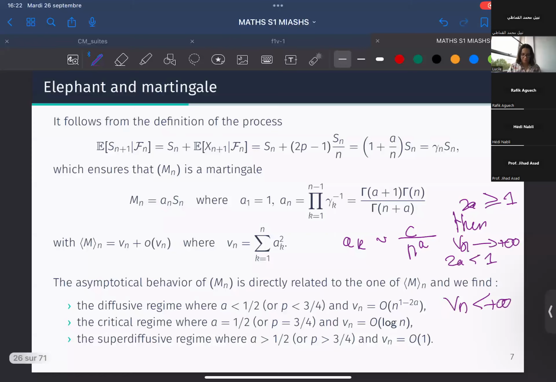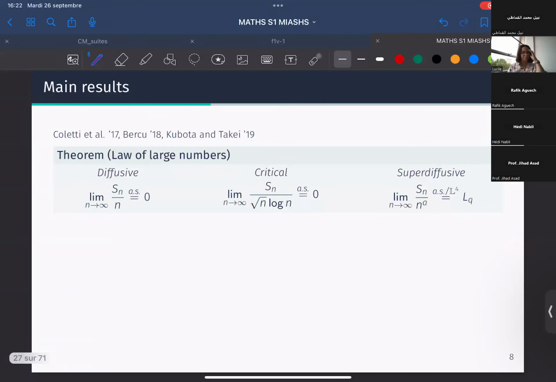Thanks to that, it has been possible to obtain a law of large numbers for the elephant random walk. This has been done using the martingale approach, but also other approaches, so that's why I'm talking about a different paper.